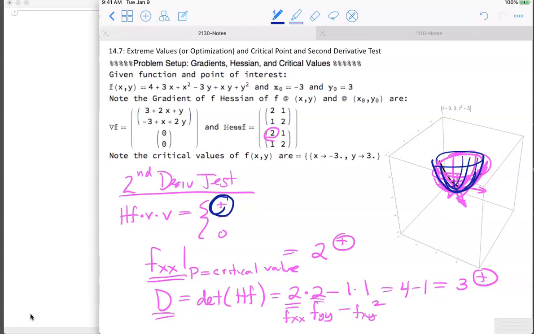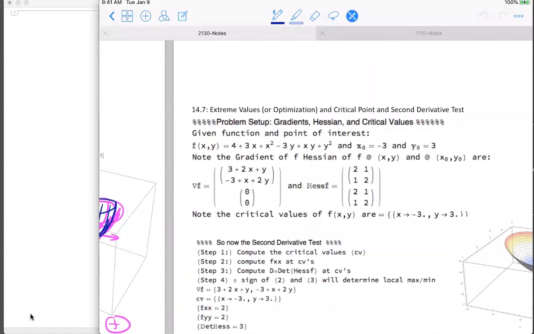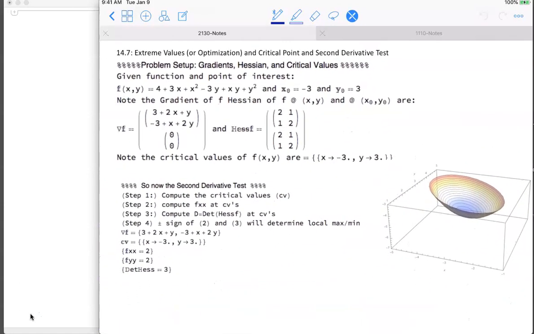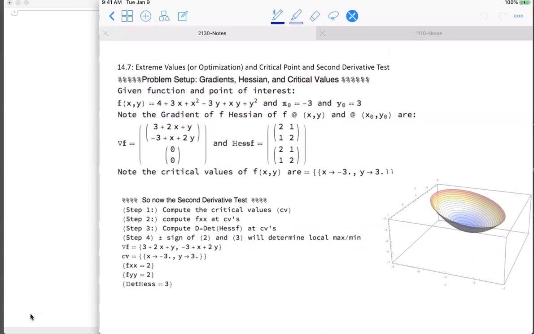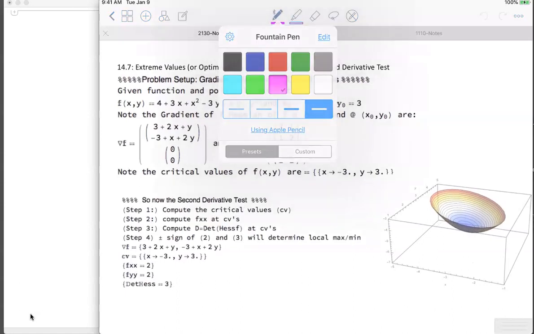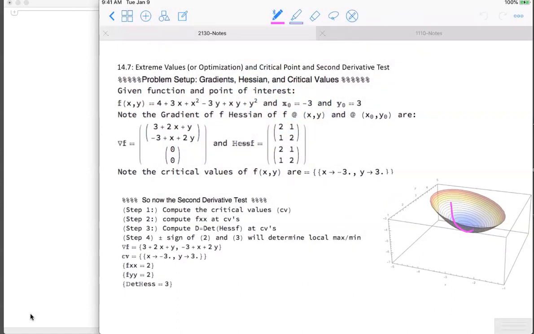We can test that out with a picture. Here's what we end up seeing. That function at that particular critical point does look like a bowl shape opening upward, and its quadratic approximation would look like a paraboloid.